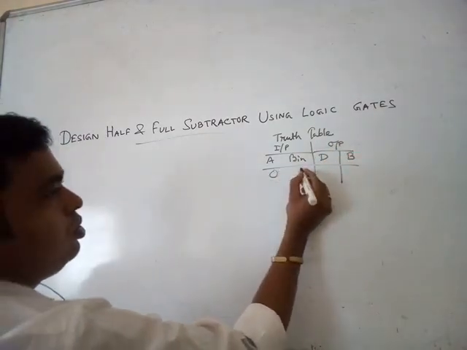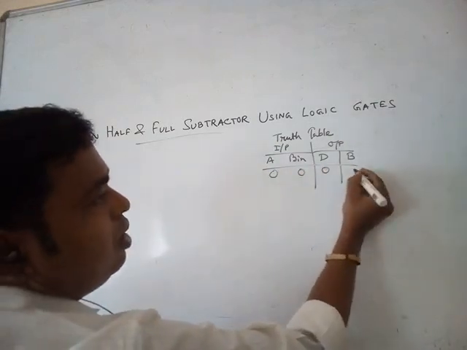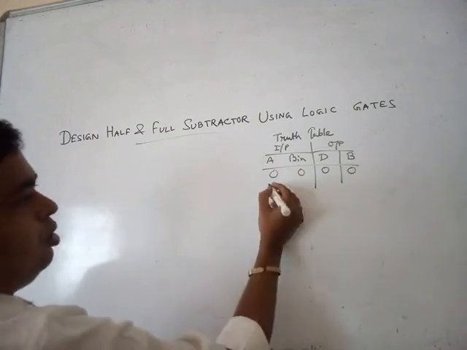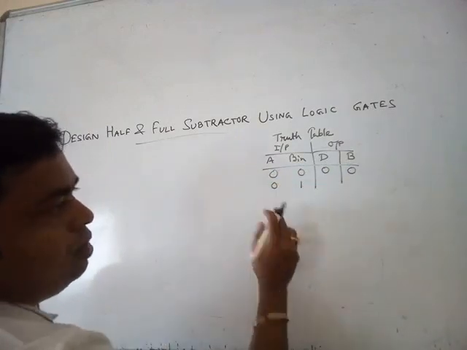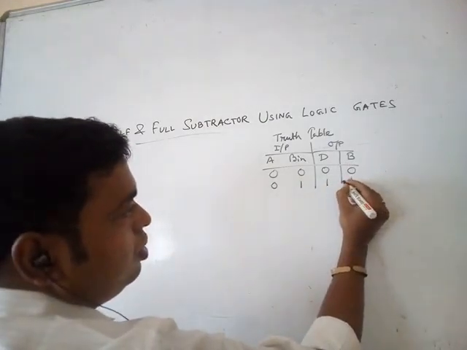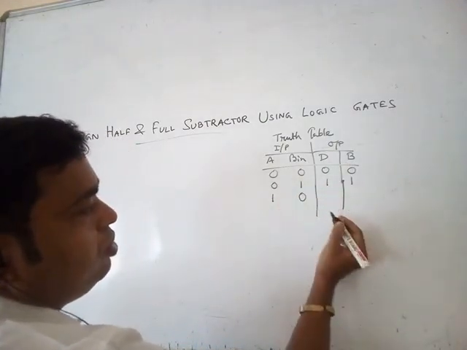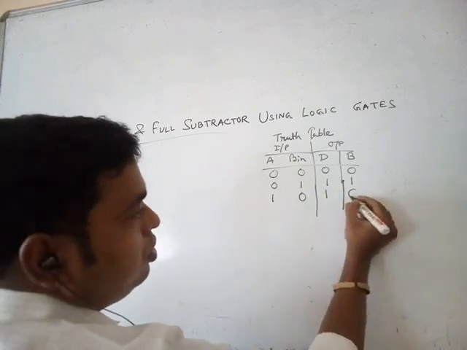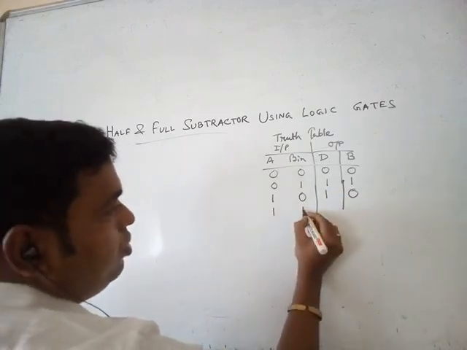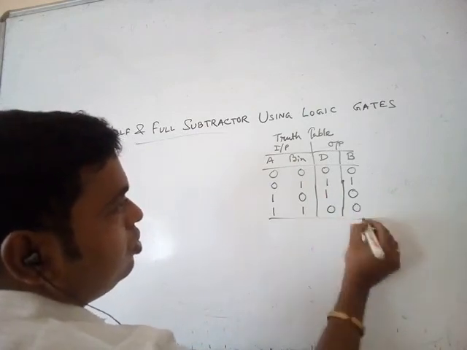For 0, 0, if we subtract 0 from 0, then difference 0 and borrow 0. From 0 to 1, if we subtract 1 from 0, then difference is 1 and borrow is 1. From 1 to 0, difference is 1, borrow is 0. From 1 to 1, difference 0 and borrow 0.